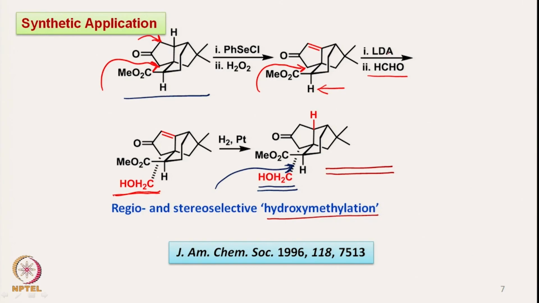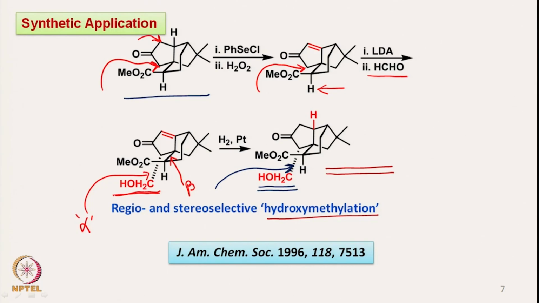Therefore deprotonation will occur preferentially at this carbon atom, and then one introduces the CH2OH group, and since this particular CC bond or this entire 6 member ring here is beta oriented, the CH2OH group is introduced alpha.